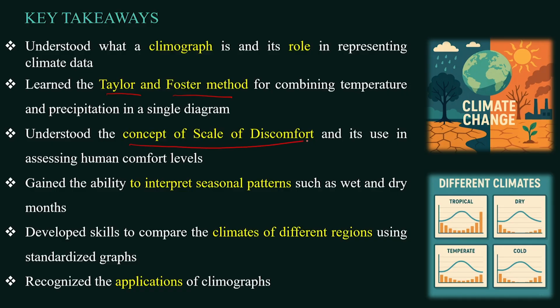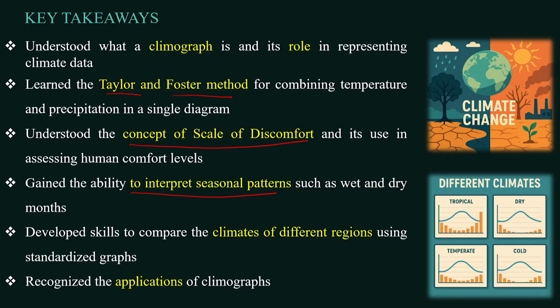Then we understood the concept of the scale of discomfort. Then we tried to interpret the climate pattern from the climograph which we created. We also developed a skill to compare the climates of different regions. And finally, we saw a few applications of climographs where they are widely used.